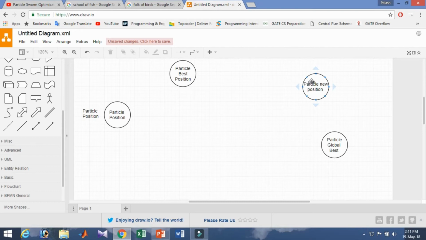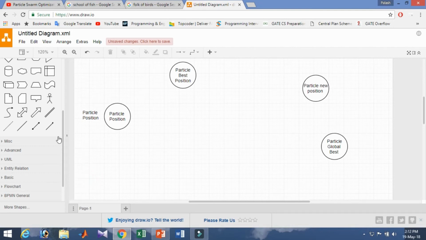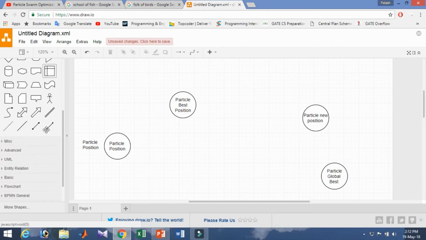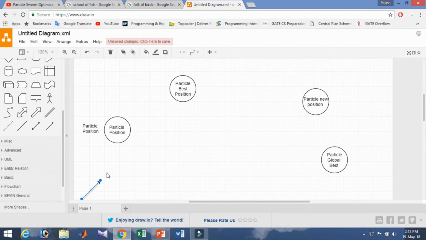So let me connect these things with dotted lines. So the particle goes from its current position to the new position.